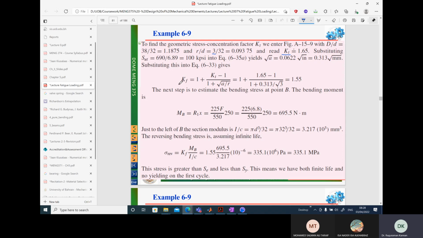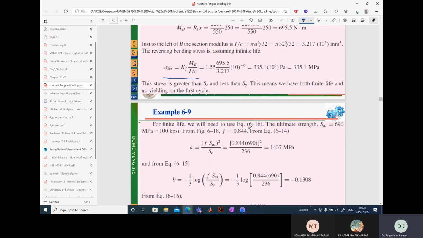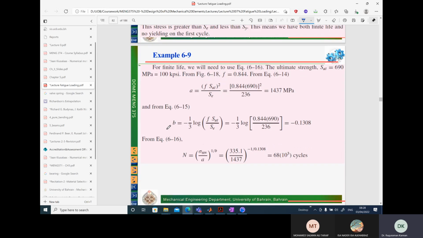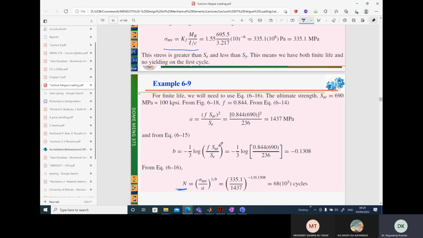Once you have the KT value, then they have evaluated KF, which is the fatigue stress concentration factor, using the formulas, and then they found the sigma max value by this formula. Once you have the sigma reversible, find A and B, and then you can easily figure out what is N. Again, the procedure is the same as in example 6.8.